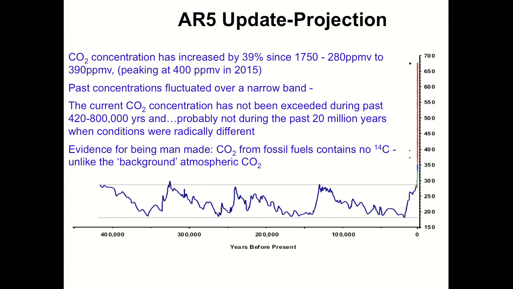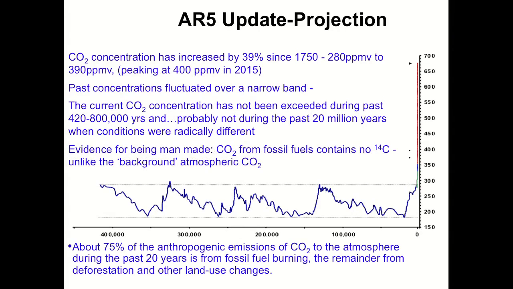Of course the composition of the atmosphere was very different, so possibly not applicable to our current discussion. And we know that most of this CO2 in the atmosphere is from man-made emissions due to the isotopic concentrations, which is very different to the background atmospheric CO2.